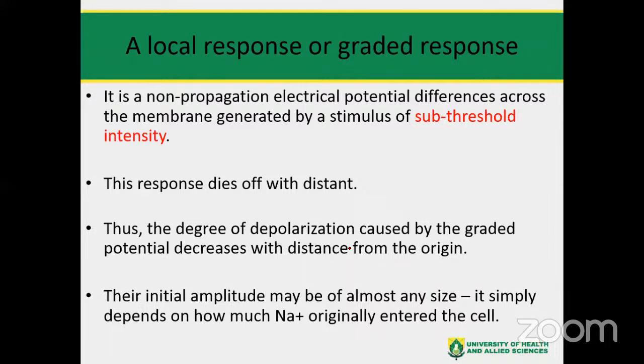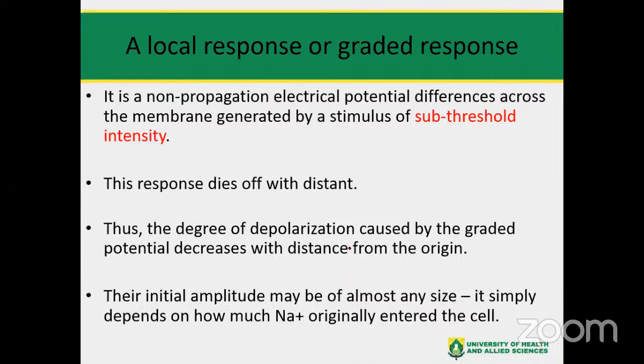When a neuron is stimulated with a sub-threshold stimulus, it results in an electrical potential difference that does not progress from one point to the other. So this response dies off with distance. The degree of depolarization caused by the graded potential decreases with distance from the original point where the stimulation occurs, and therefore it dies off.